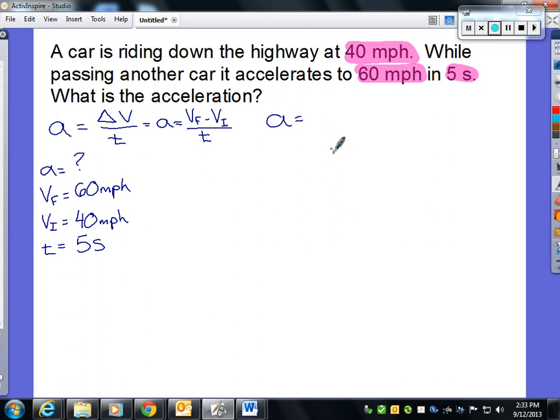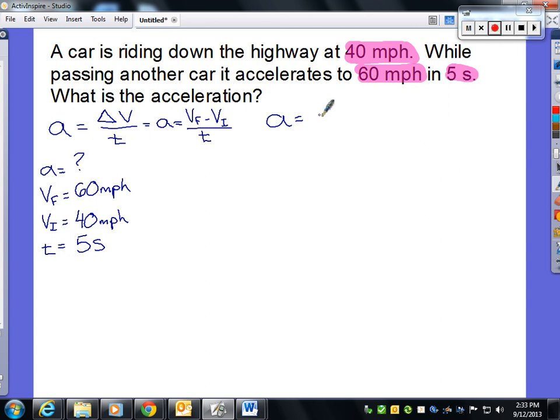A is equal to. You have to make sure that you do this correctly, especially if the final velocity is a smaller number than the initial velocity. It doesn't matter. It always goes first.